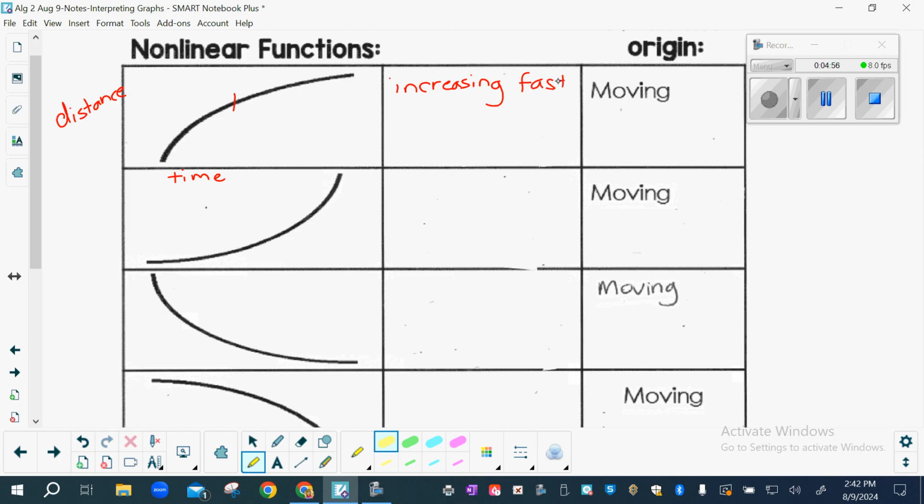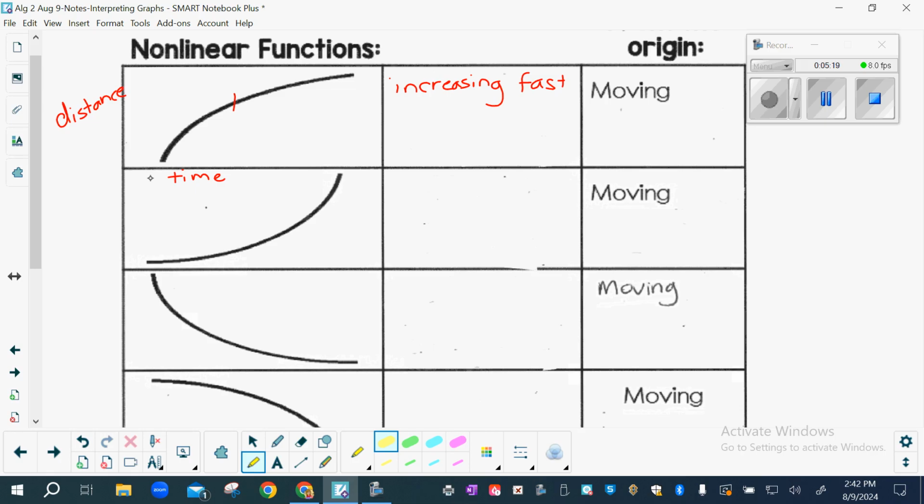And then from here to here, what's it doing? It's still increasing, but is that fast or slow? It's the same amount of time from here to here, but it's going slow.